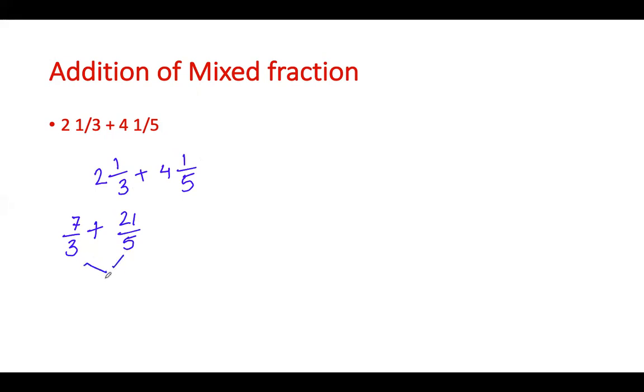First, we convert them into like fractions, because these are unlike denominators. How can we convert them? By the LCM, because the denominators are not the same. The LCM of 3 and 5 is 15.